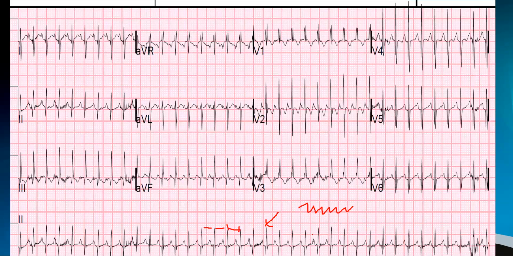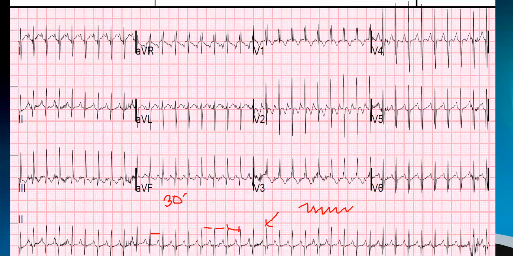If you look here, let's say one small square, then one big square means five small squares. And here you can see seven small squares.